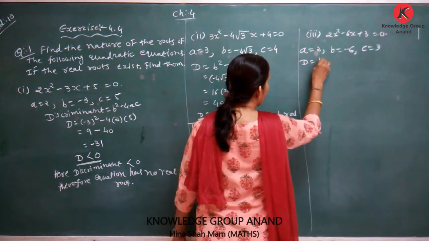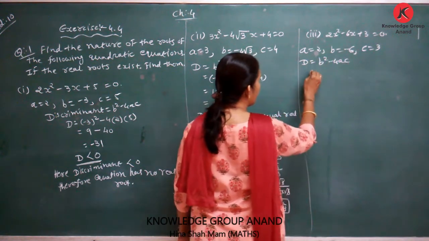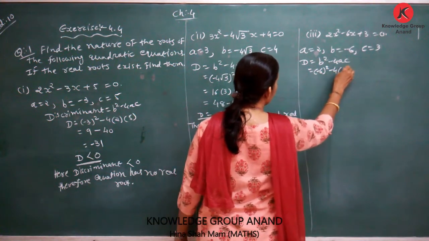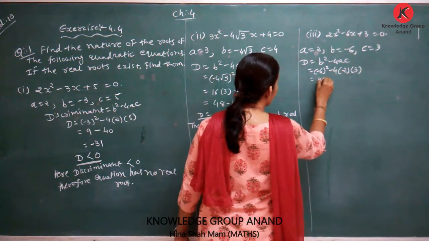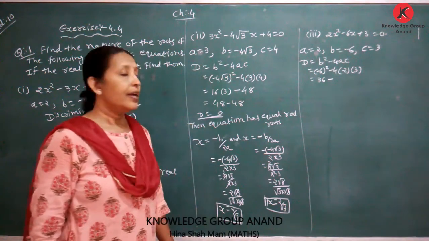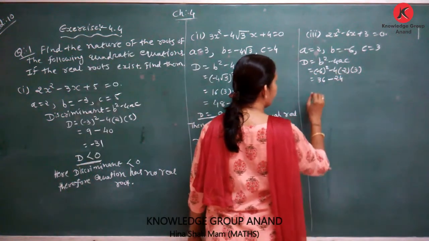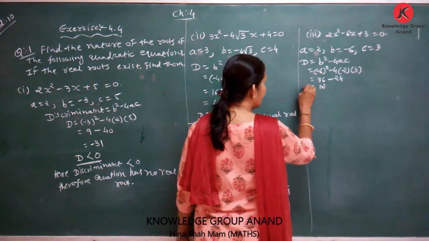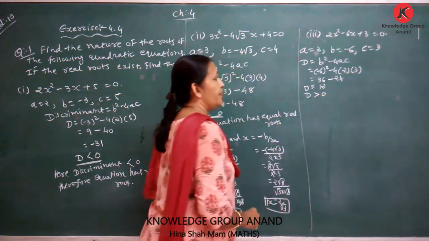D is equal to our formula, B square minus 4AC: minus 6 square minus 4 times 2 times 3. 36 minus 4 twos are 8, 8 threes are 24, which is 12. D is equal to 12. Therefore, D is greater than 0.